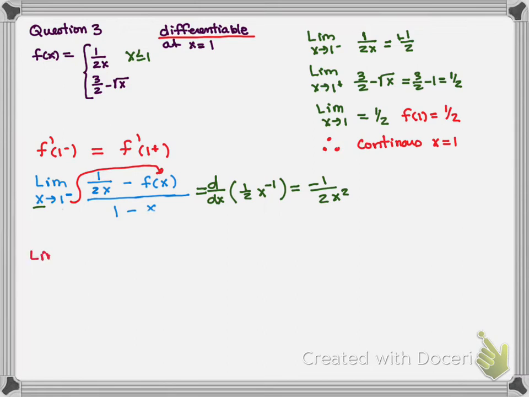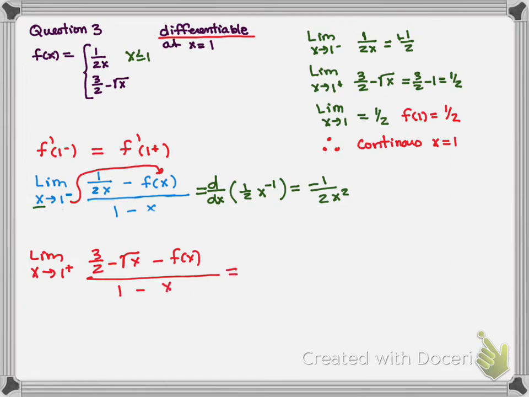So we'll say the limit as x approaches 1 on the positive side, and now we do everything the same, except we use the other function, 3 over 2 minus the square root of x minus f of x, all over 1 minus this x.